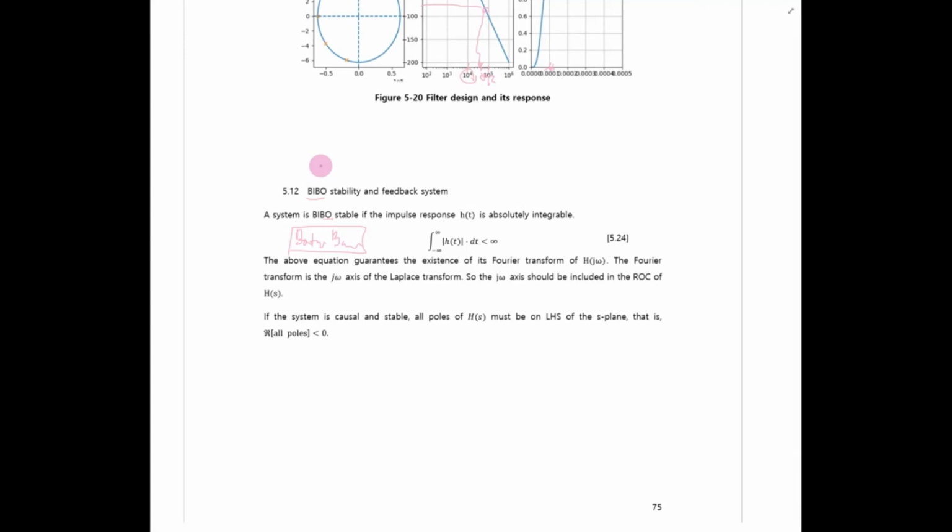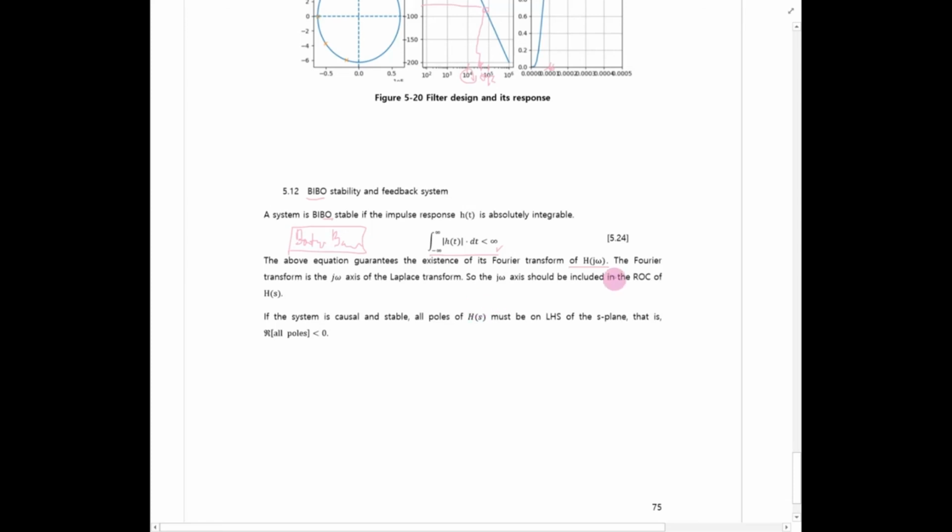So finite input will give a finite output. To satisfy this condition, h(t) should be absolutely integrable. If this condition is satisfied, the system guarantees the existence of the Fourier transform. For this Fourier transform to exist, the impulse response should be absolutely integrable.